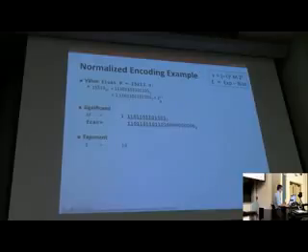The exponent, so in this case, we're multiplying by 2 to the 13th. So e is 13. So we want to represent the value 13 using this biased encoding. So the bias is 127. And so the value of the EXP field should be 140, because if we take 140 minus 127, we get 13.